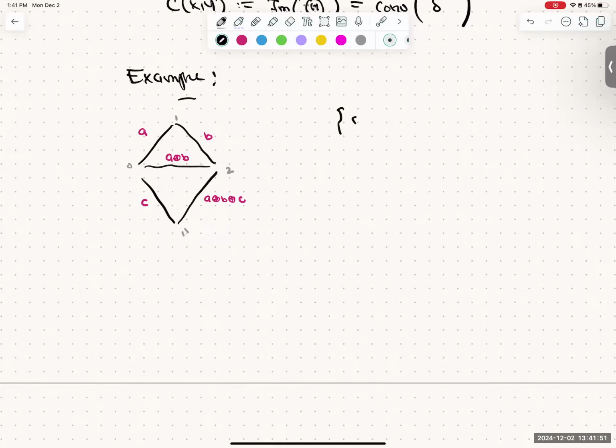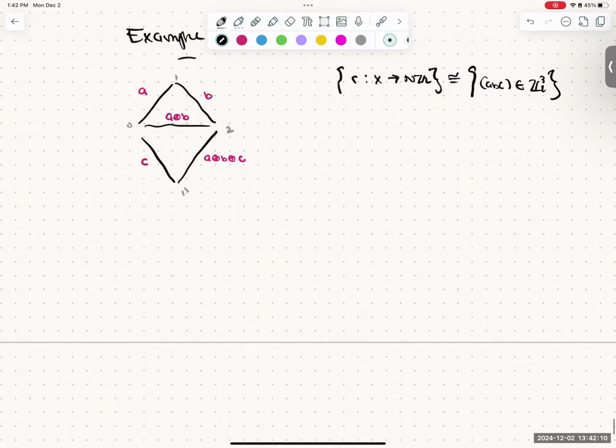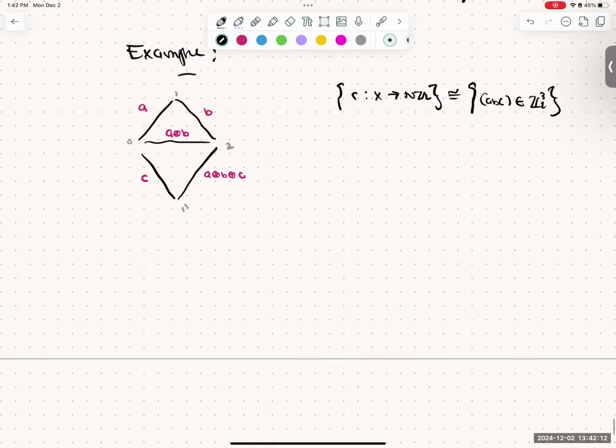So we have R going from X to the nerve of Z mod 2, which is in bijective correspondence with A, B, C in Z2 cubed.